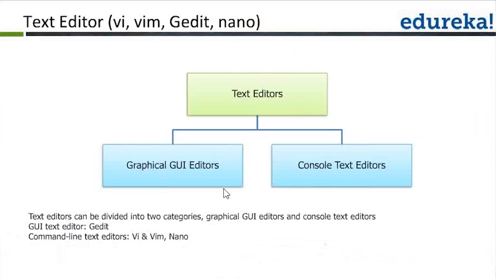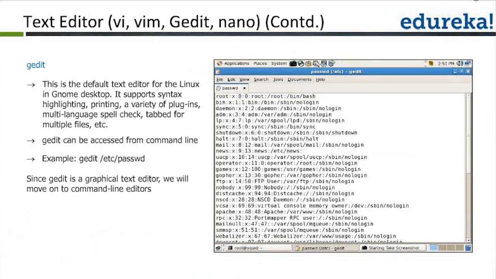These editors help you edit the content of files. So far we have seen how to print the content of files, and using the more command we can go through the content slowly. But if I want to modify something in a file, how do I do it?